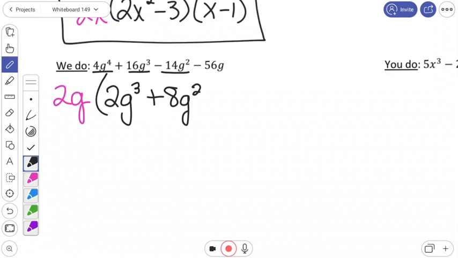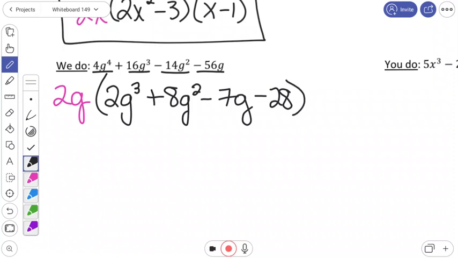Negative 14g squared divided by 2g gives us our minus 7g. And then at the end here, we have our minus 56g. When we divide that by a 2g, that gives us a minus 28.